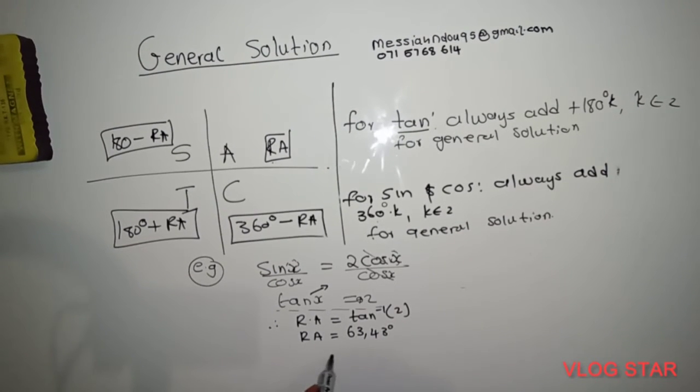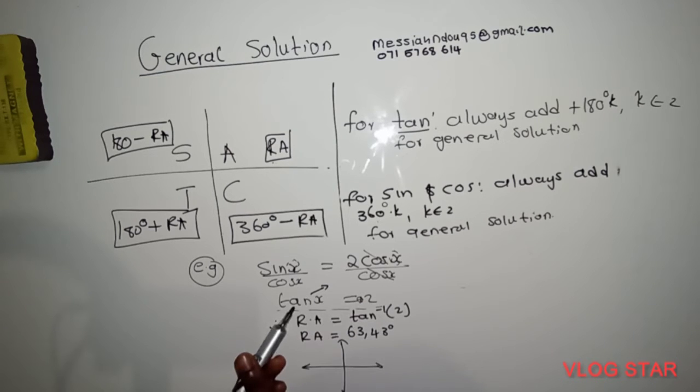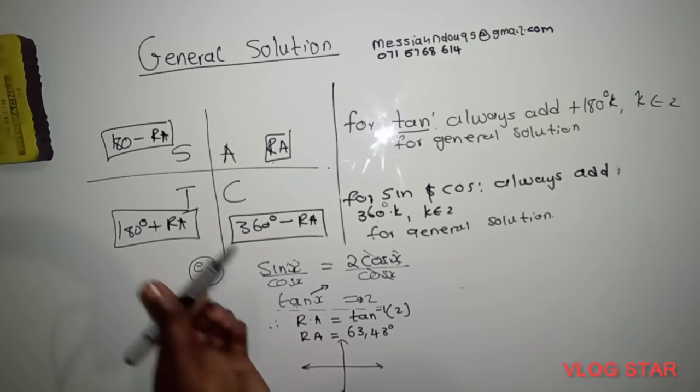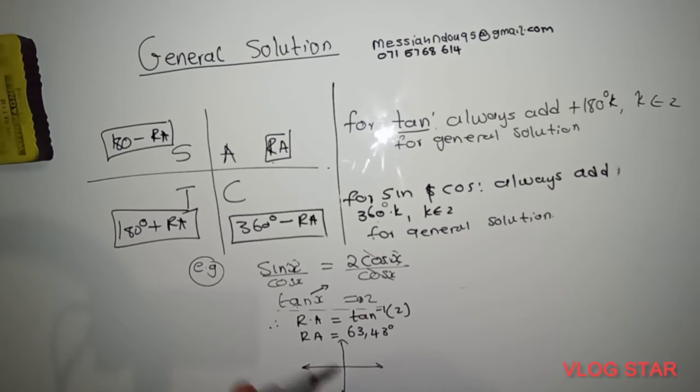Okay, so you have to go and identify the Cartesian plane where the tan is positive. Just because the number here is positive, this positive represents that you have to select only where the tan is positive on the Cartesian plane. The tan is positive on my first quadrant and the third quadrant, as you can see.